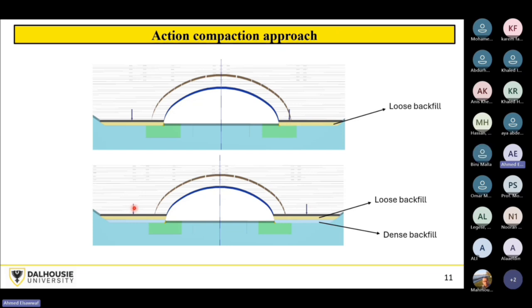As you see here, this process will be repeated until you reach the desired soil cover over the crown. If you see here, there are also some loads which are simulating the truck loads.